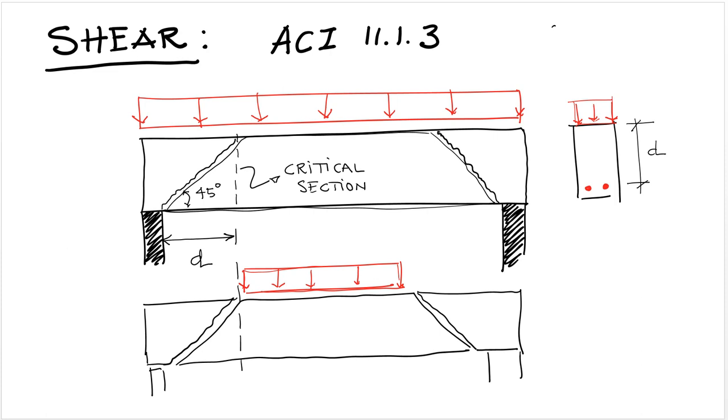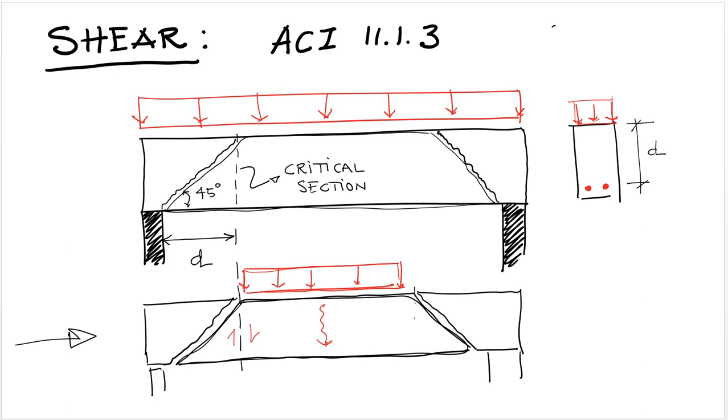And the reason this happens, if you look at this drawing here below that shows the cracked beam at failure, you see that once the beam cracks, this portion of the beam right here is the one that will fail, and only the load on that portion of the member is actually pushing the beam down. So at this point is where we have to check the shear.